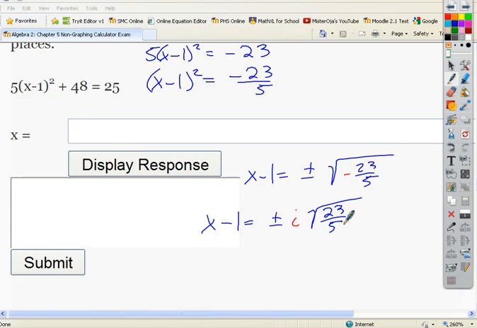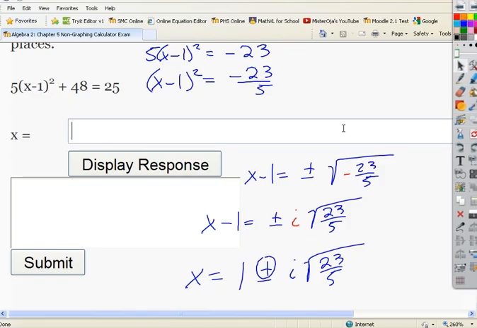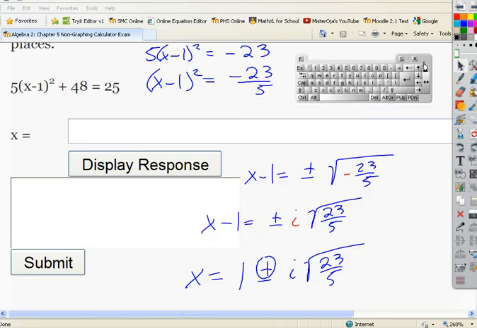We've got to enter that thing though. So let's practice this. That's a lot of stuff to enter. Let's make sure we understand how to do that. So you guys tell me please how to do that. 1 plus i sqrt, times sqrt, parentheses, right?